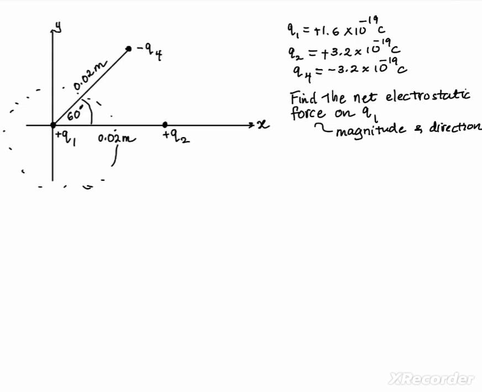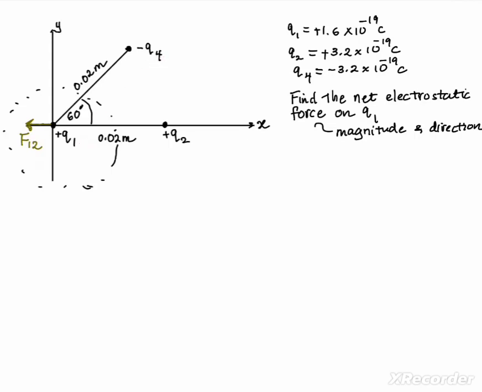So at Q1, the force is to the left because it is away from Q2, and we name it F12, force on Q1 because of Q2. And then it has to be on the same line, so that's why it is directly in the negative x direction.